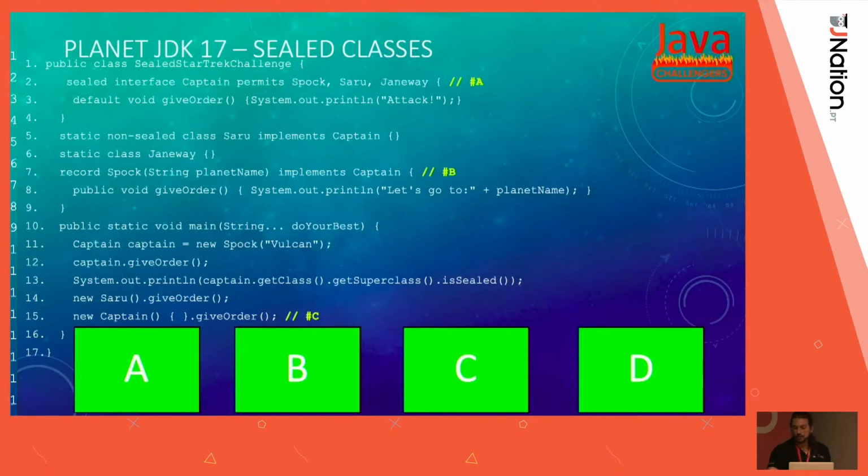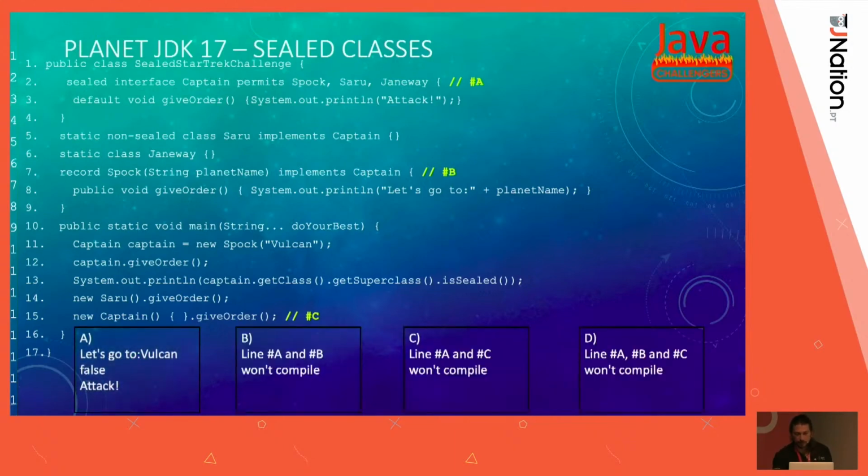I don't have much time, so I think I'm going to skip this challenge for now, or we can go very quickly on it. I can give you at least the main concepts of sealed classes. Why would you use sealed classes?